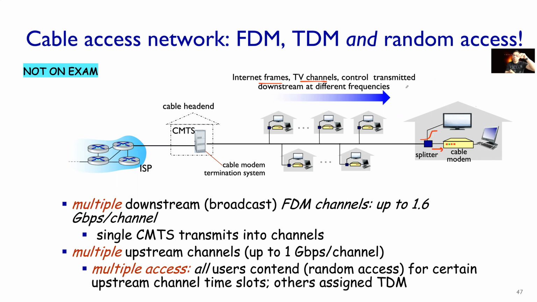They use FDM essentially to break up the channel into various downstream channels. There's also various upstream channels. And the way this works is for upstream data, the users are contending using some sort of random access protocol for certain time slots, and others are assigned using TDM.